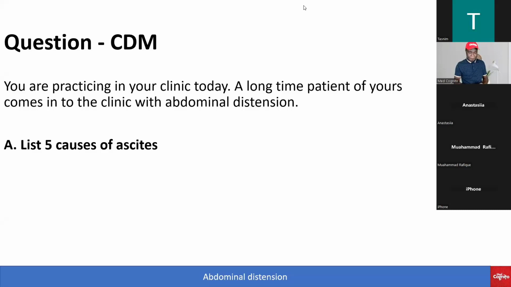Should I say that exactly? Yes, say it as you say it in the exam. Okay. Ovarian cancer. Let's go. What else? Even liver cancer. Let's go. Other causes of ascites.